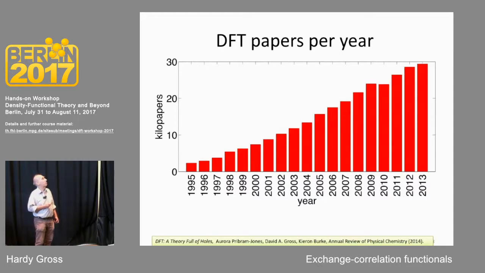Kilo papers are the numbers here. By now this is a bit outdated, it's about 36,000 papers per year. Just imagine what this number means: it's 100 per day. So this tells you it's an enormously important and enormously successful theory.